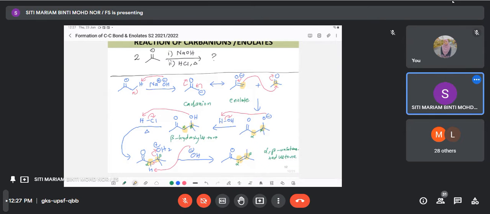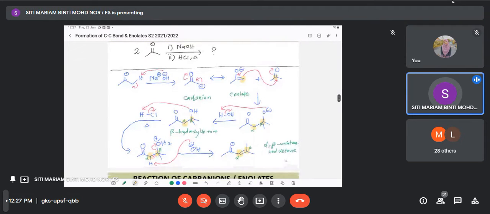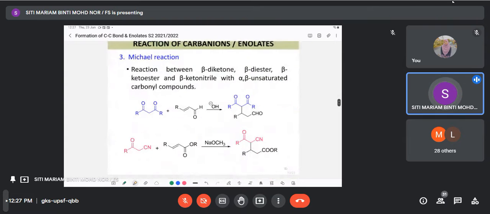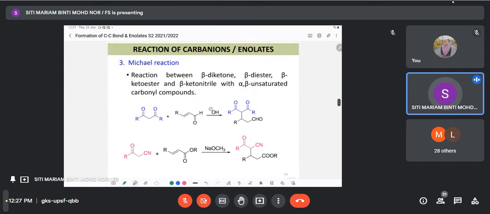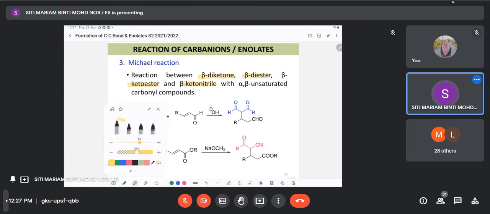And then reaction number 3. Here we have the Michael reaction. This one is a reaction between a diketone, diester, or beta keto ester, and also ketonitrile, with an alpha beta unsaturated carbonyl compound.